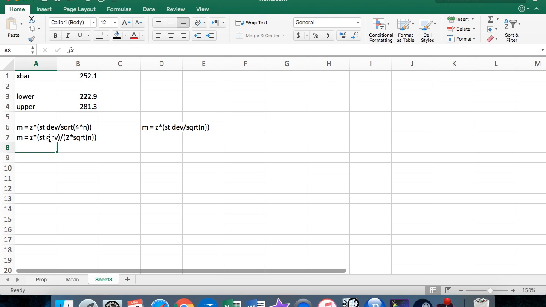So it's just standard deviation, your z-score, and your m. They don't matter here. We just want to know what happens to our m if we have 4 times our sample size. So this is just like a 2 in the denominator, right? If I multiply both sides by 2, then I get rid of this 2 in my denominator. So it's 2 times m.